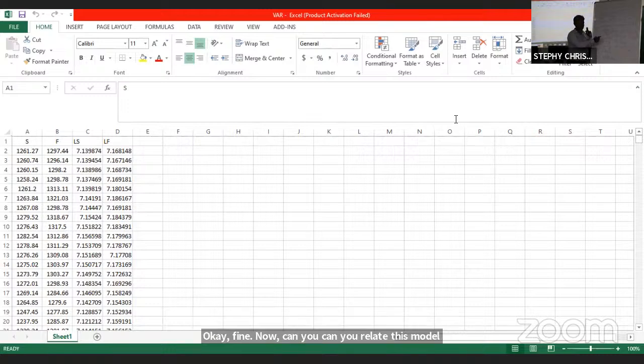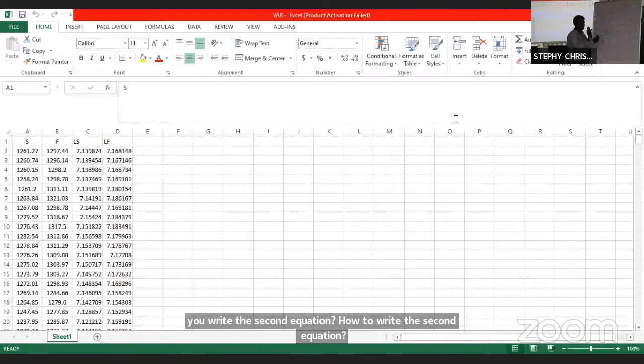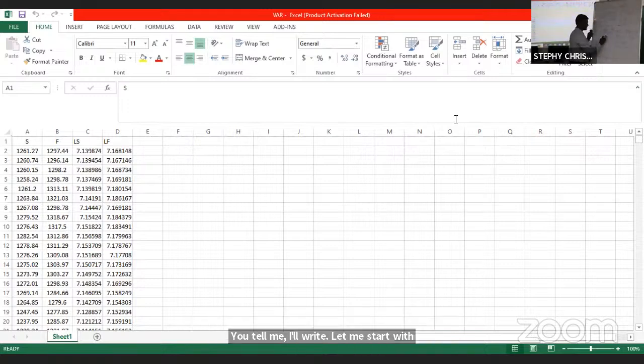Now, can you rewrite this model? Anyone? Can you write the second equation? How to write the second equation? You tell me, I'll write. Let me start with beta 6. Beta 6 delta yt minus 1 plus beta 7 yt minus 2 plus beta 8 delta xt minus 1 plus delta xt minus 2 plus this is u1t, this is u2t.